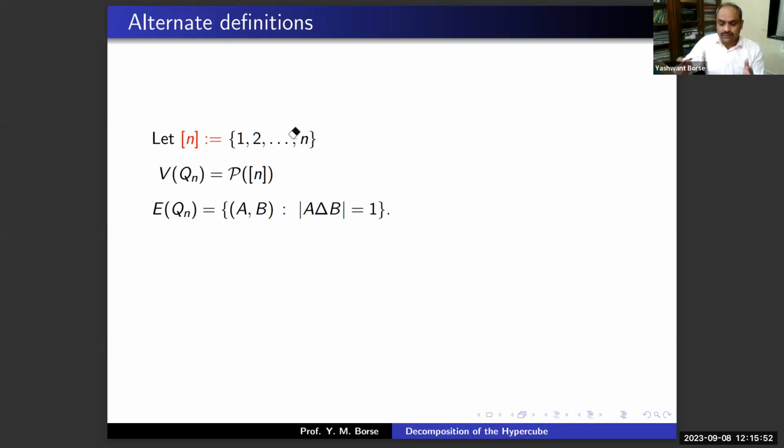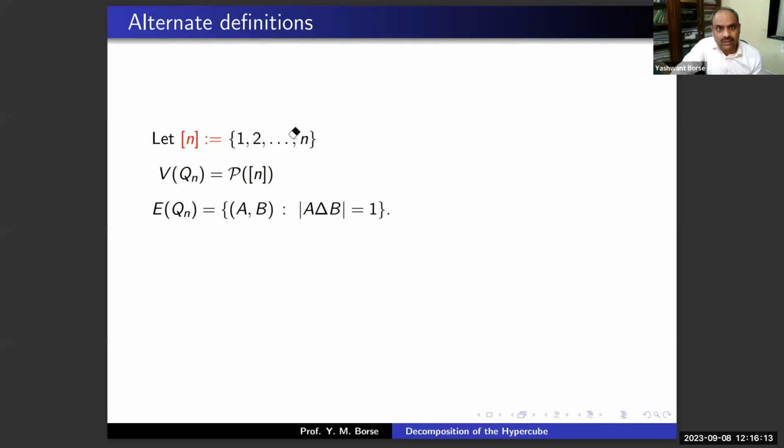So you take the symmetric difference of A and B. A and B should differ in only one position, so the symmetric difference should be a singleton set. This is the important condition here.